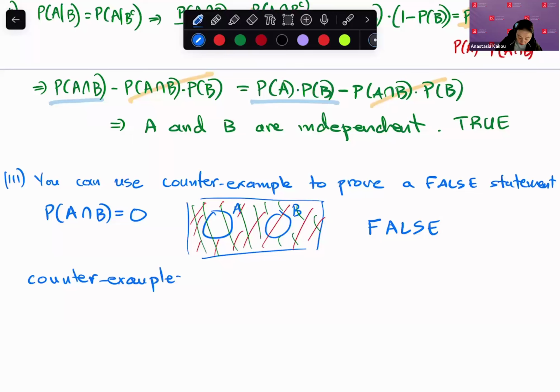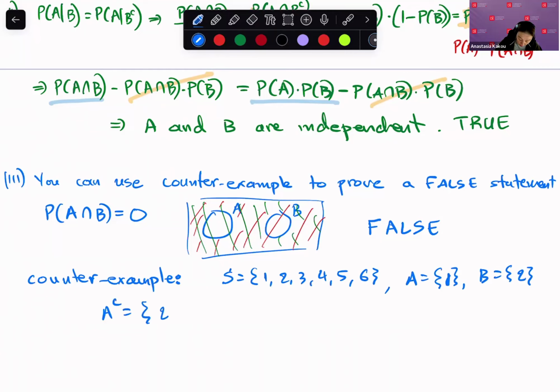For instance, what we can say is that if you have a sample space with 1, 2, 3, 4, 5, 6, and if you have A equals 1 and B equals 2, then A complement will be 2, 3, 4, 5, 6, and B complement will be 1, 3, 4, 5, 6.